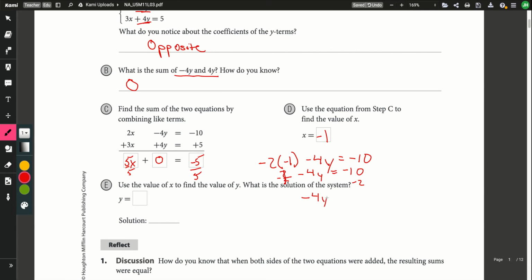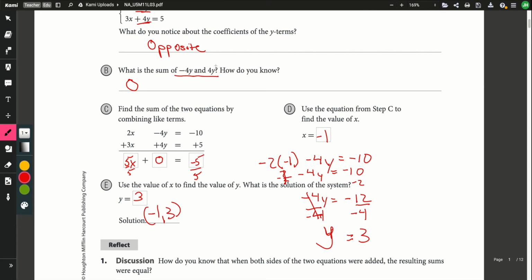Negative 4y equals negative 12, divided by negative 4. y equals 3. So the solution should be negative 1, comma 3.